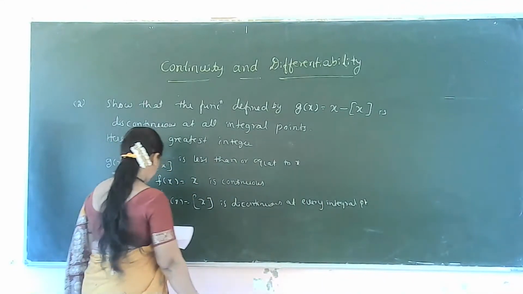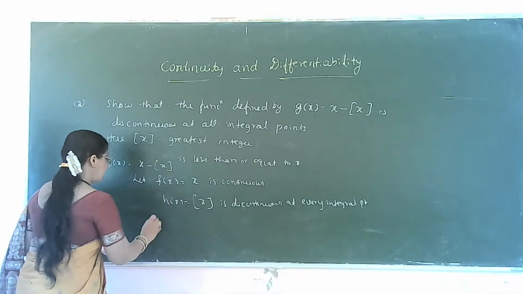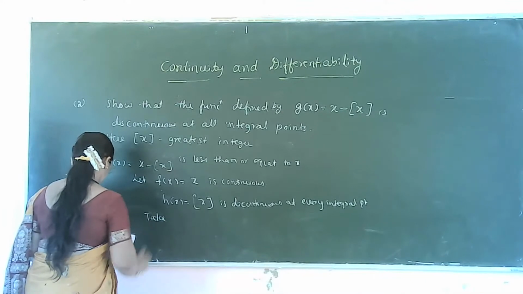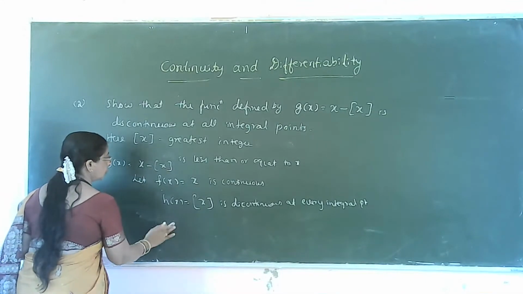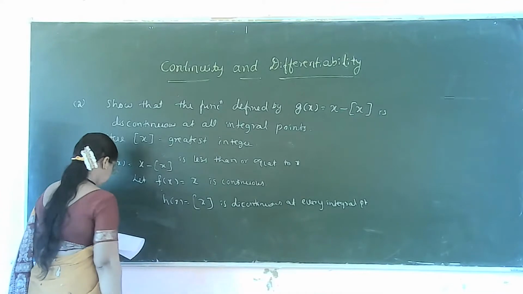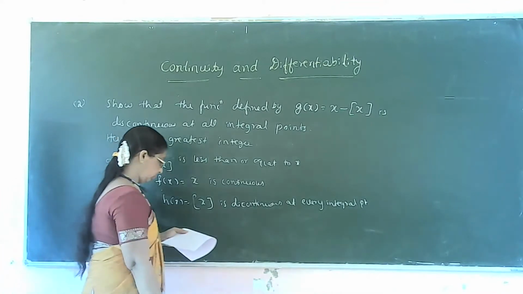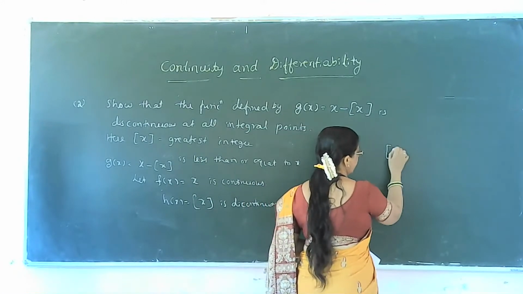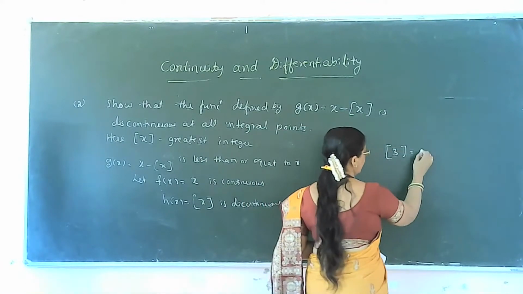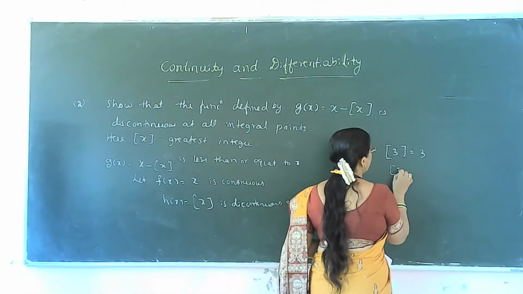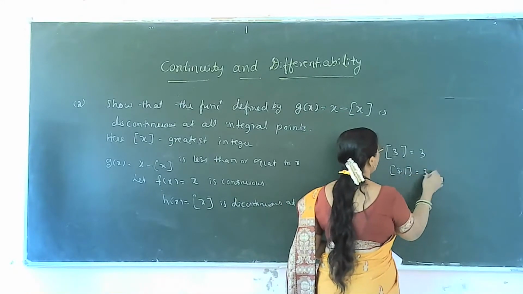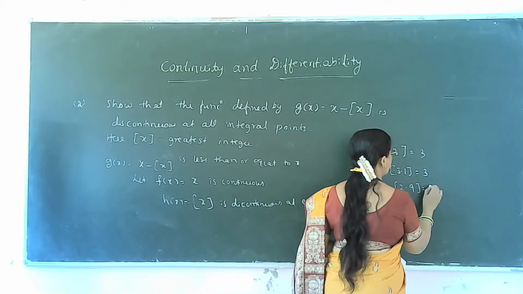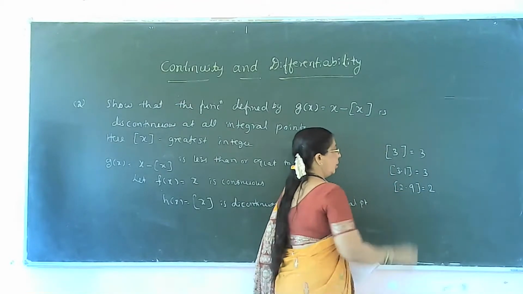Because, say g of x equal to the greatest integer function: the greatest integer of 3 is equal to 3, and of 3.1 it is also equal to 3, but of 2.9 it is equal to 2.